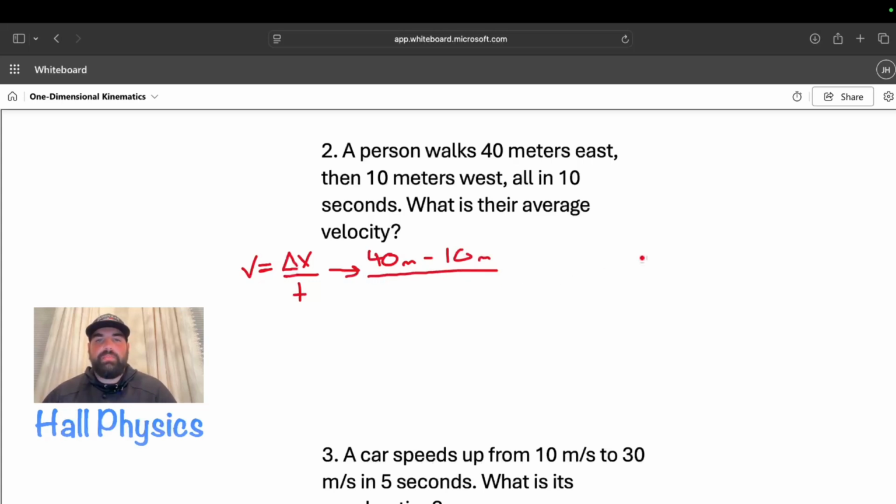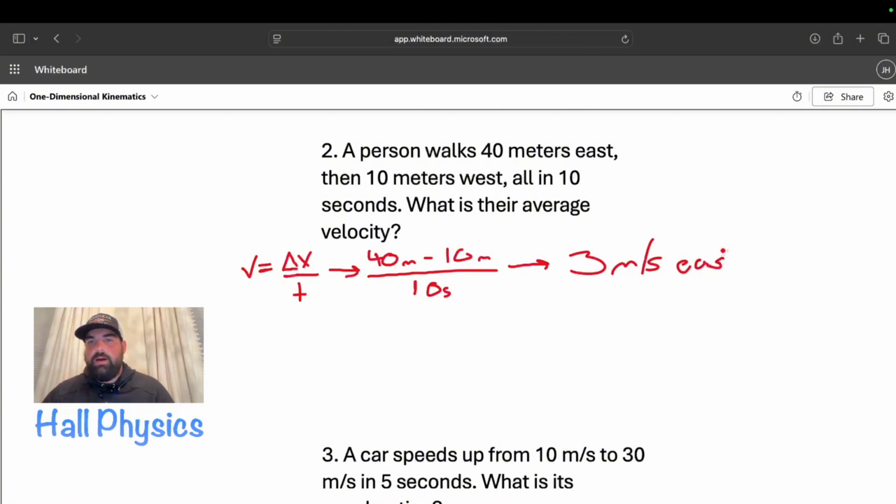So my total displacement is 30 meters east. I was displaced 30 meters east in 10 seconds. Now I do the math and plug all those numbers in, and I should get 3 meters per second east.